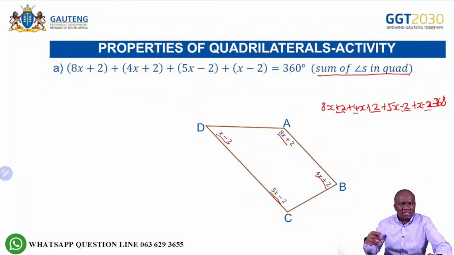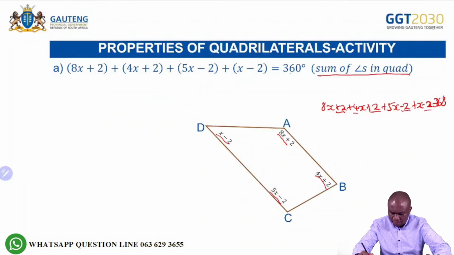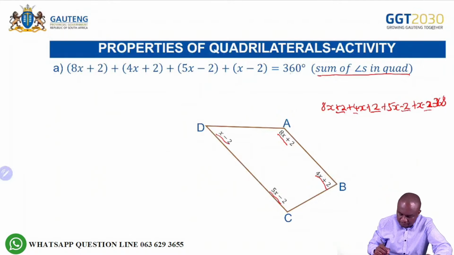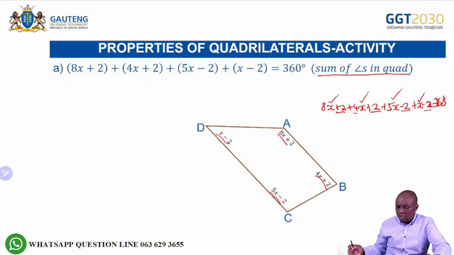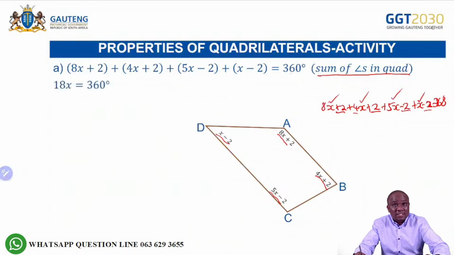So the constants disappear because they give us a 0. And then we remain with the terms with x. So it's 8x plus 4x, which is 12x, and then 12x plus 5x, which is 17x, 17x plus 1x is 18x. So 18x is equal to 360 degrees.